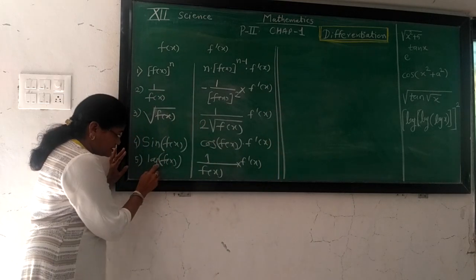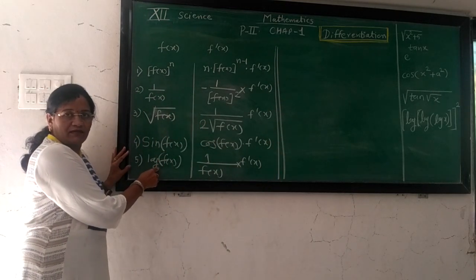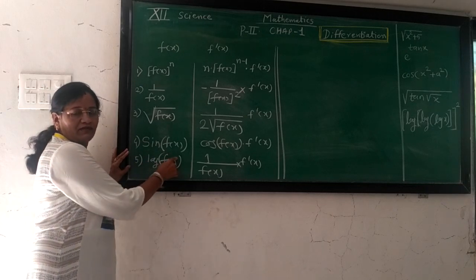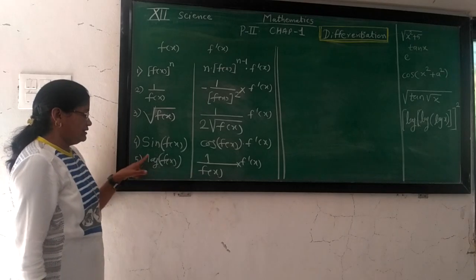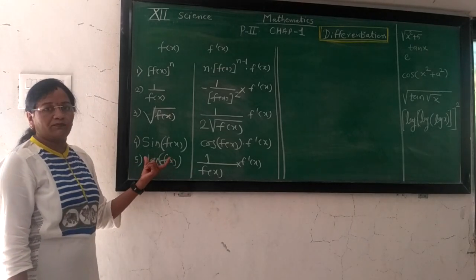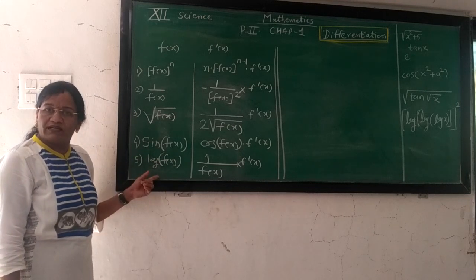Again, if you change the base, here we take the natural base, but if you take the base as a, then log of f(x) to the base a can be separated as log f(x) upon log a. Again, 1 upon log a is a constant.